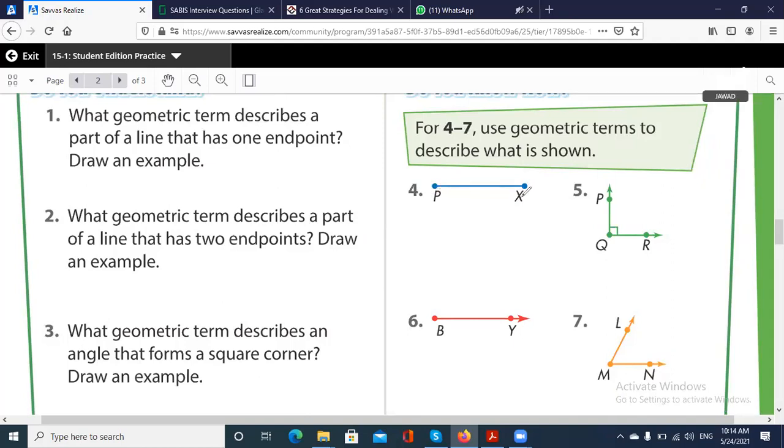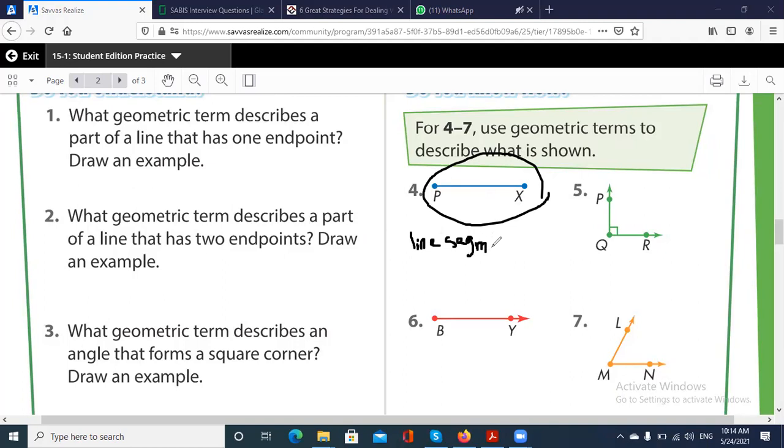Let's name this thing. First of all, does this shape have any arrows? No. Okay, so because it doesn't have any arrows, it's a line segment. It's a piece of a line. Segment means part.